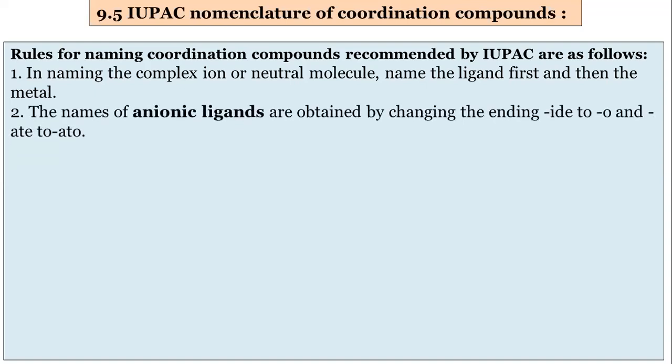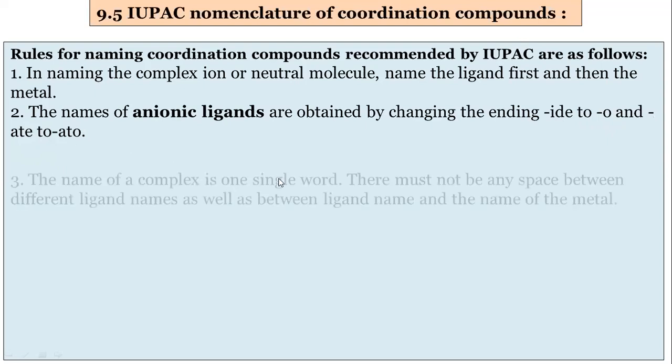The second rule: in case of anionic ligands, if the ligand ends with IDE, for example chloride, bromide, iodide, it should end with O, like chloro, bromo, iodo. And if it ends with ATE, for example carbonate, the name will be carbonato.